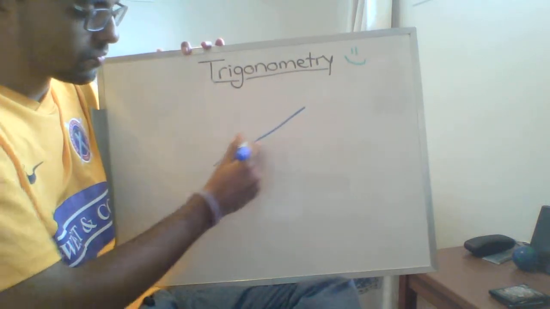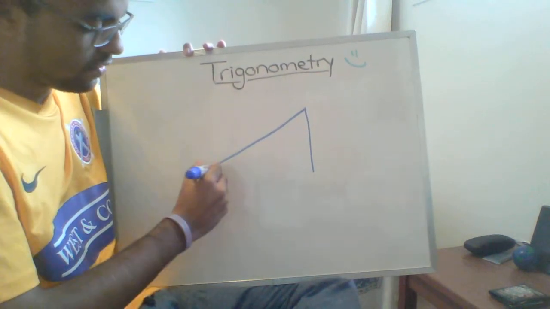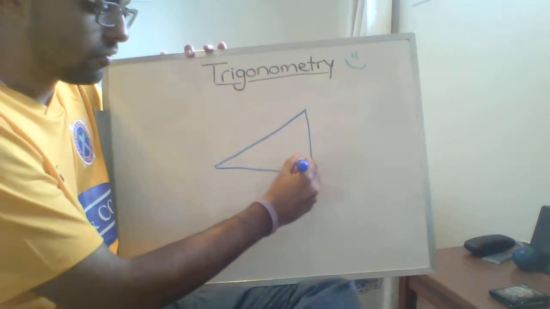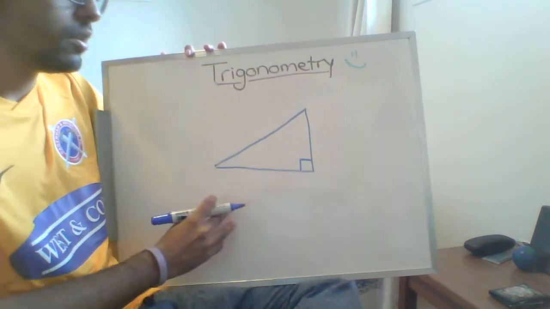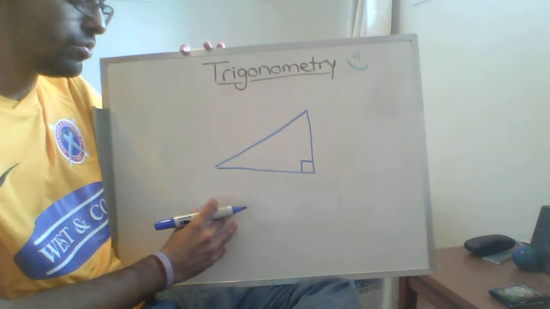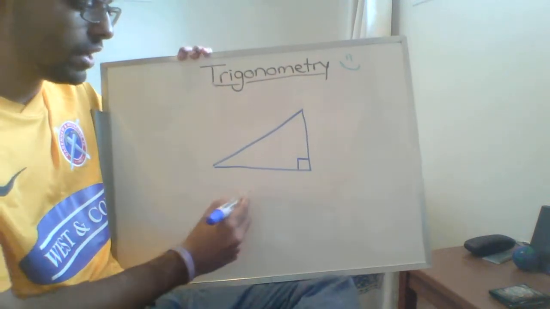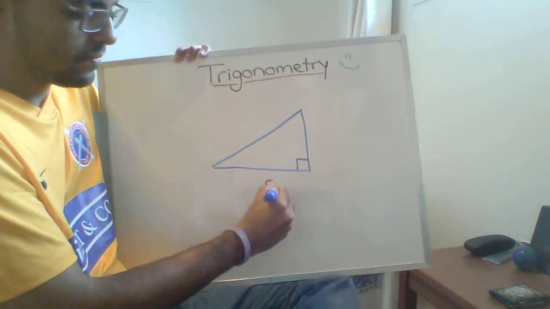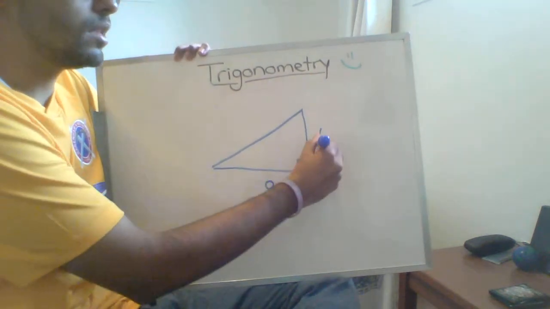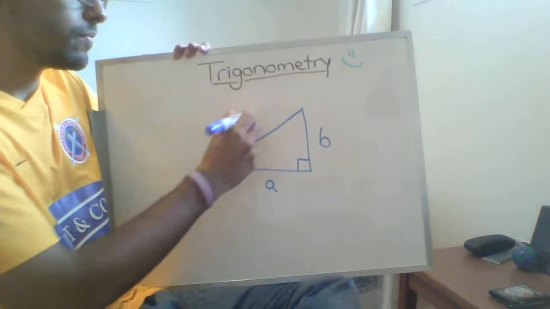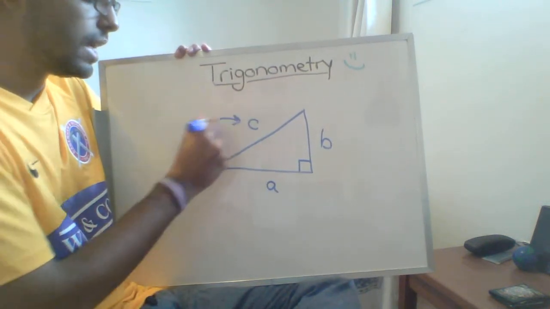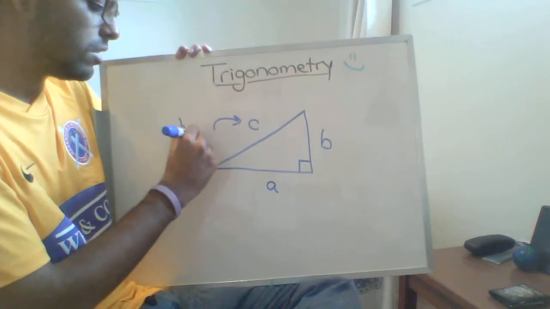So there's one very famous and very important property of triangles. If you have your triangle drawn like this and you've got a right angle over there, let's name this side A, this side up here B, and this side over here C. So if you notice, C is the hypotenuse.